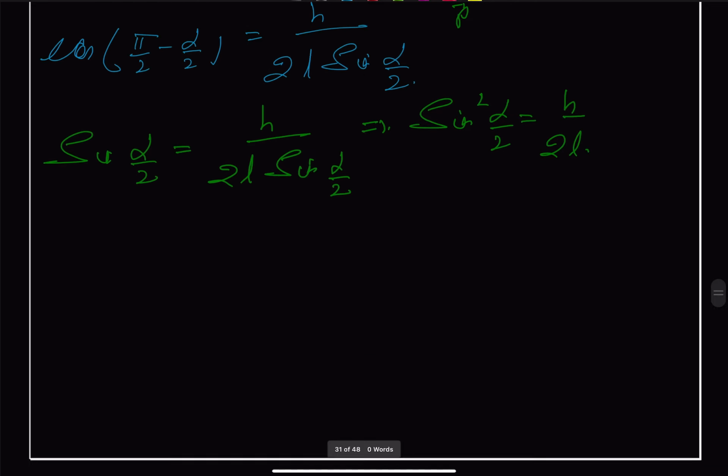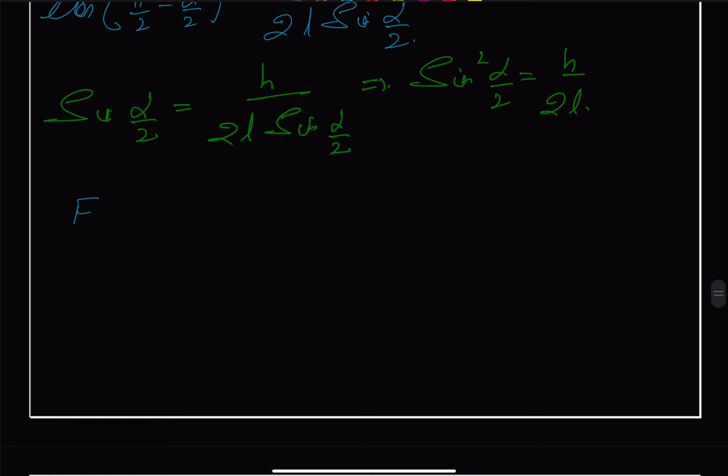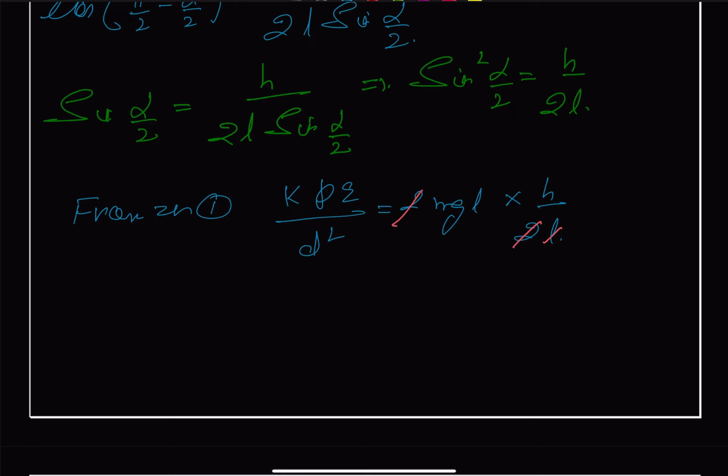So we can say from equation 1, we substitute sine square alpha by 2, we get kpq upon d square is equal to 2 mgl multiplied by h upon 2l. So here 2 and 2, l and l go away, so this will be equal to mgh.